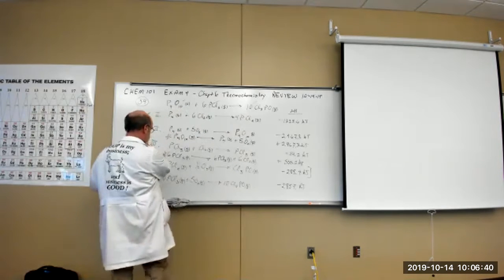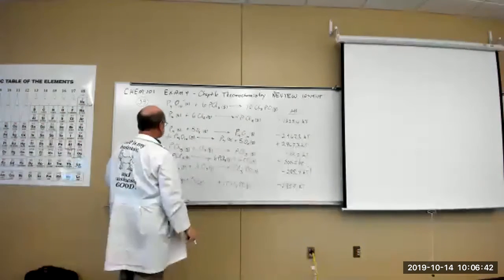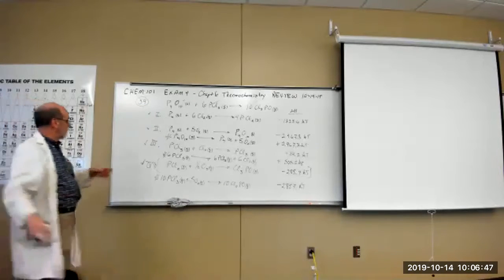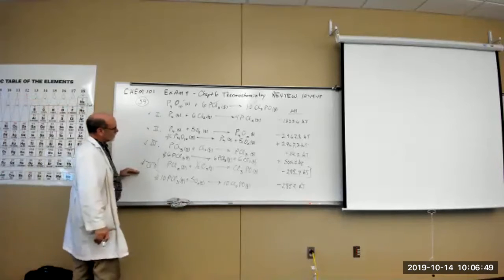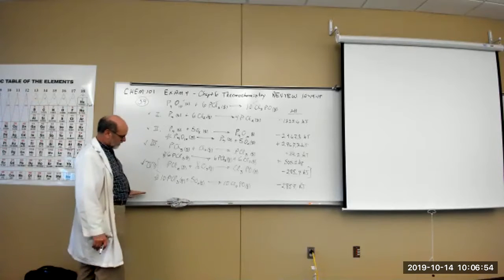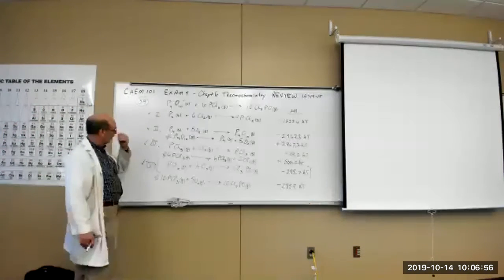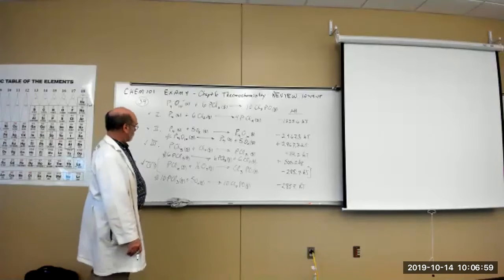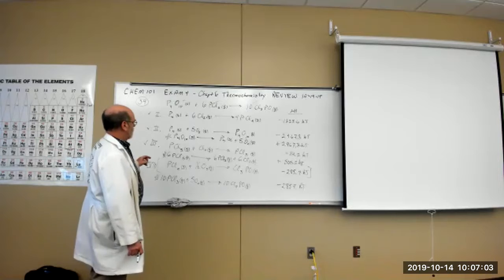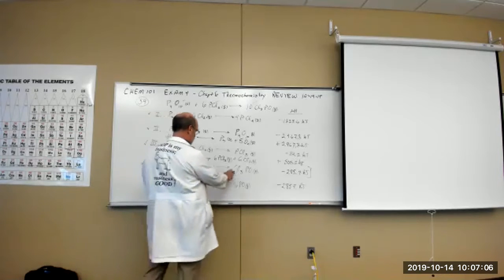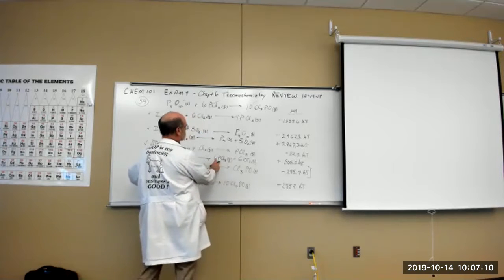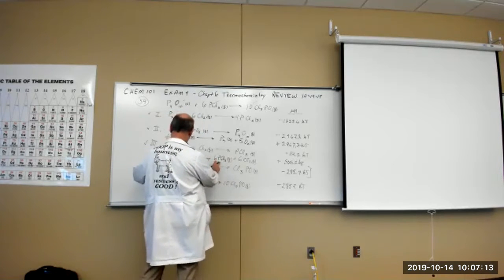Okay. I know how I did it here. I took these, put them together, and said, okay, now I need to adjust this one to make up for that. I'm trying to do it all at once now. PCl3. Here it is. That's 6.